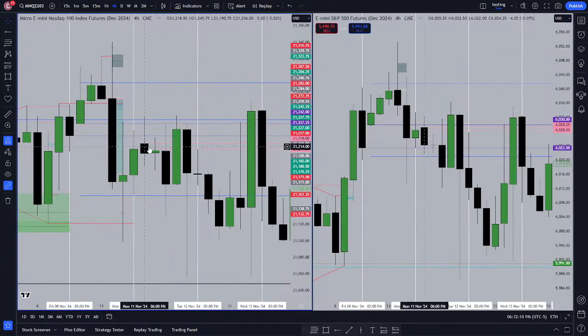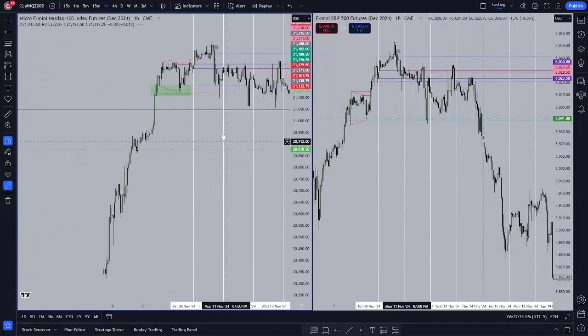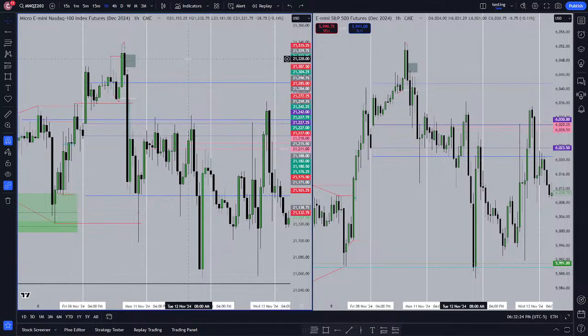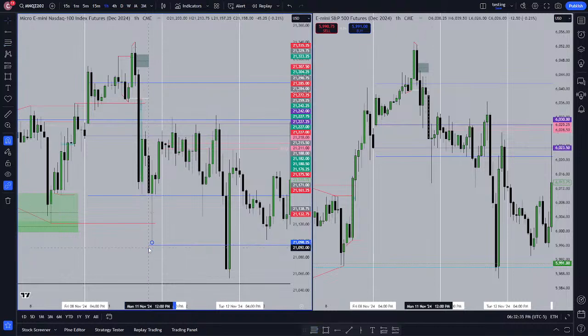So 4 hour, not much, just look for an SMT. Right now you're bullish, remember, when you're waking up in the morning, say you're waking up at 7. This is perfect, you're like, yeah, this is exactly what I wanted to see.